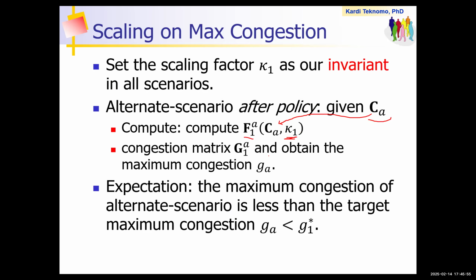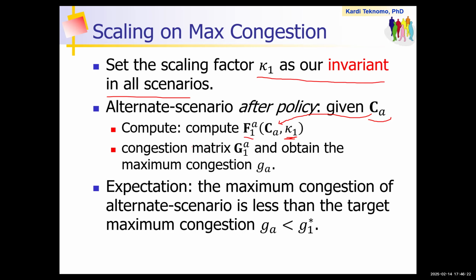So in this case, K1 becomes the invariant. K1 is our invariant in all scenarios. That means between the base scenario and the alternative scenario, they have the same demand, or probably they are implemented in the same year.